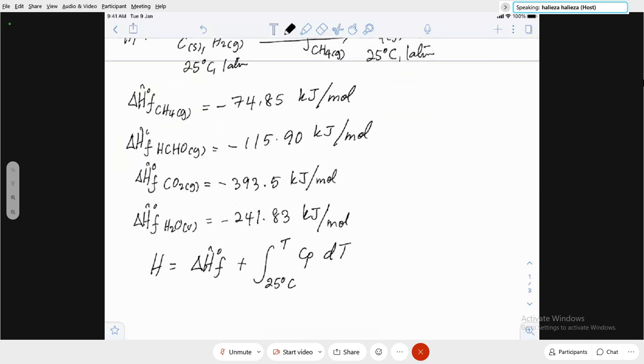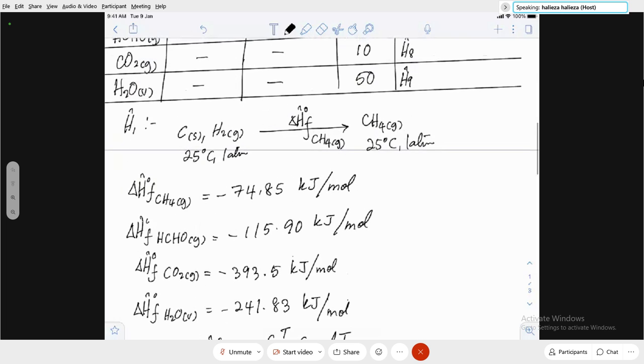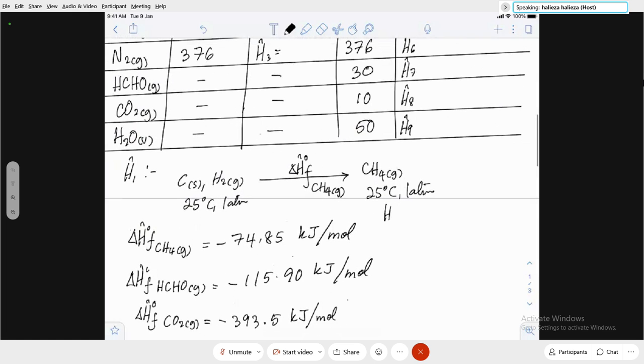So for H1, the heat of formation of methane is negative 74.85. I really don't want to write that there because I will need it again. So write that in our table.